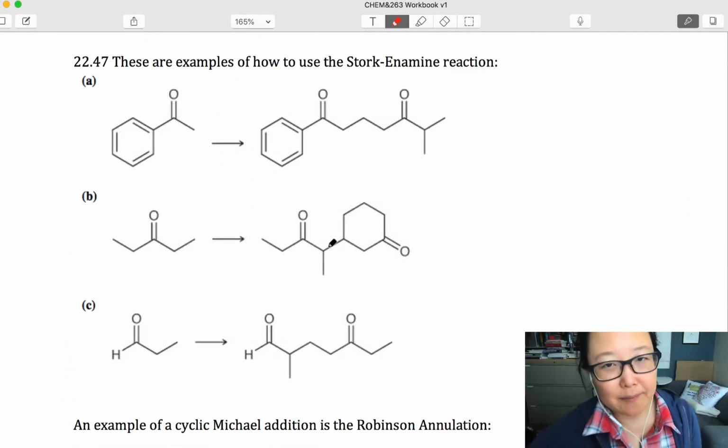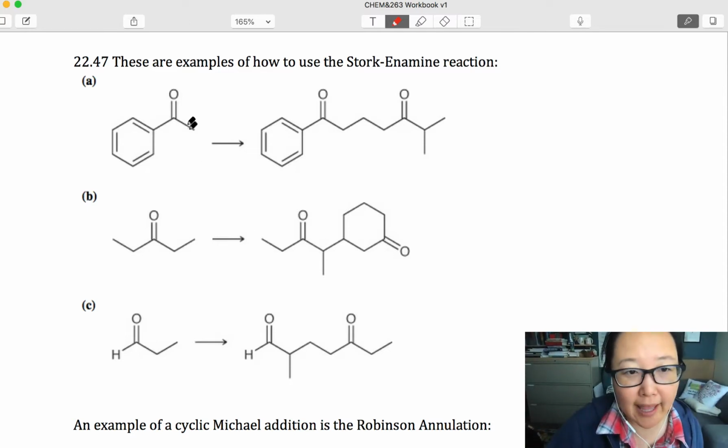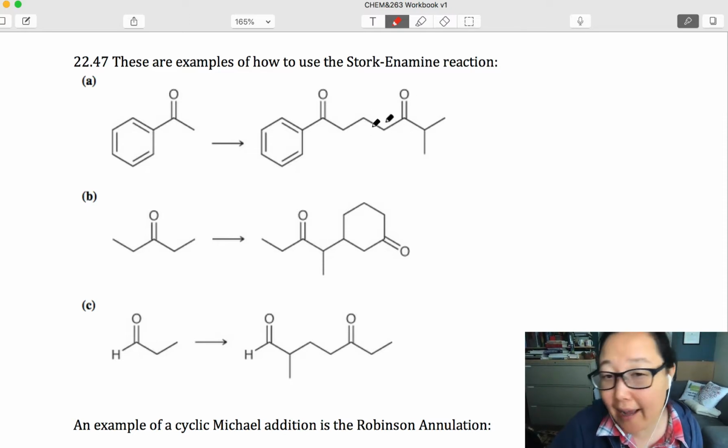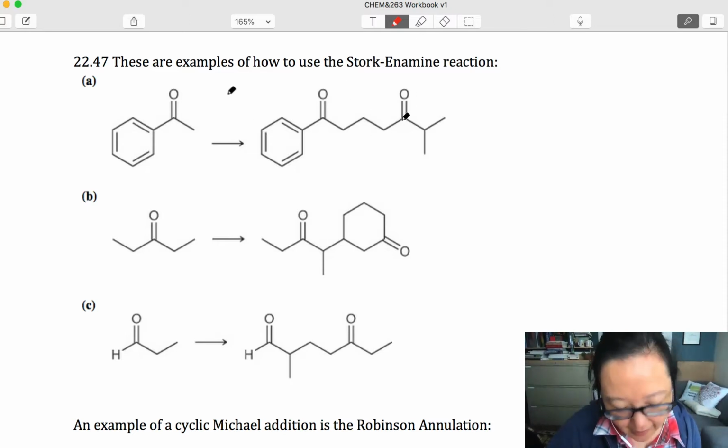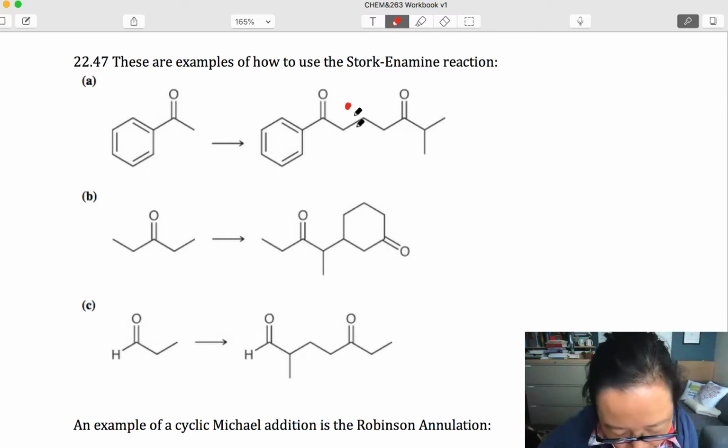So let's do an example of how to apply the Stork enamine reaction. First, I notice I can make an enolate here, but if I'm trying to do a conjugate addition, and how do I know I'm doing a conjugate addition? I'm looking at this molecule I have, and it sort of means that the rest of this needs to get added on.